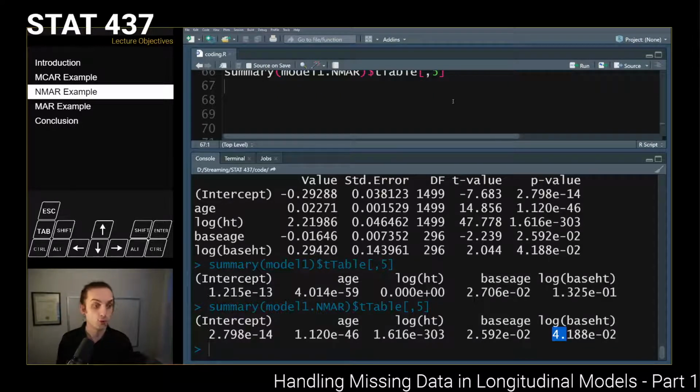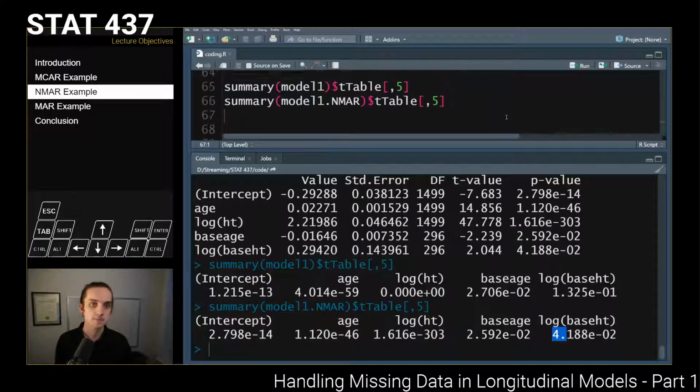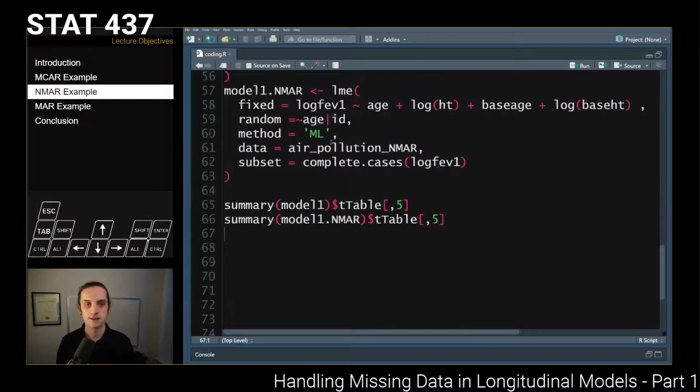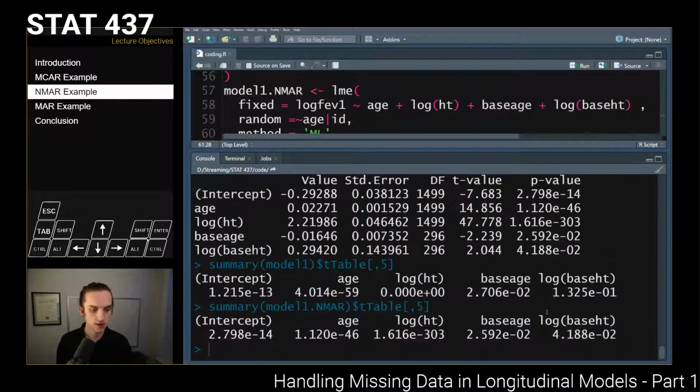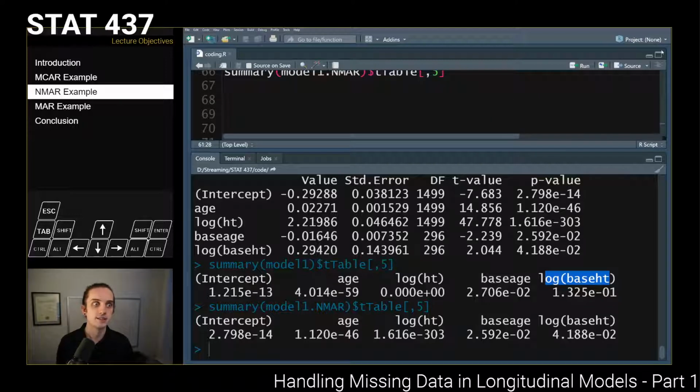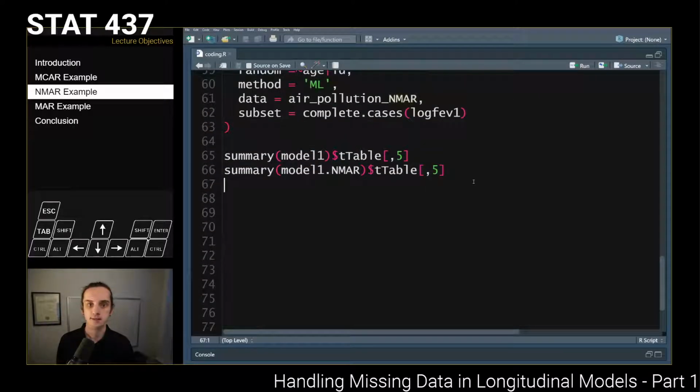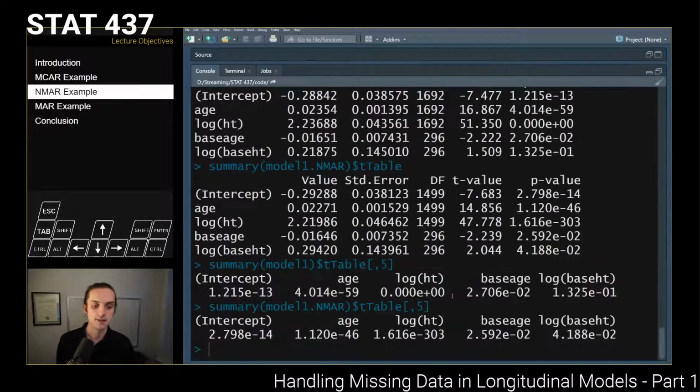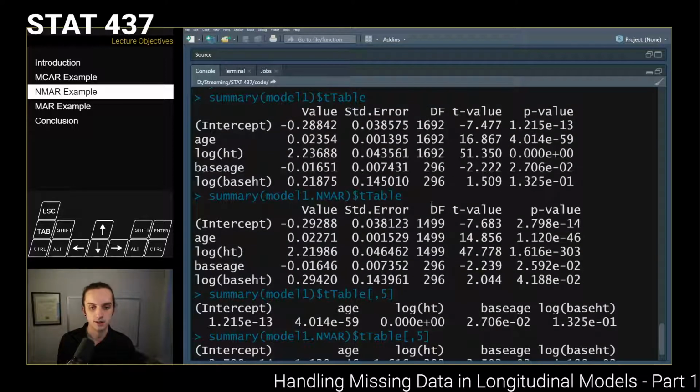We have 0.04 as the p-value here. And so what we would find is that if we had used just a complete case analysis on this not missing at random data, we would have actually come to different conclusions about this model. We would have said that the log of baseline height term is actually significantly different than 0, whereas we did not conclude the same thing in terms of our first model here.